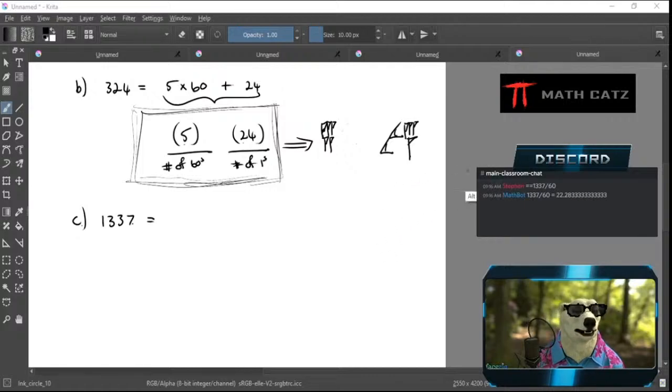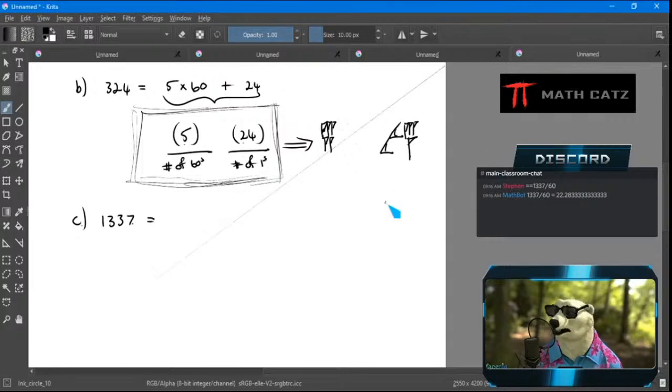Hopefully MathBot is awake. MathBot says it is 22 and a little bit more, but not enough for another whole group of 60. So 22 groups of 60 will fit into 1337.